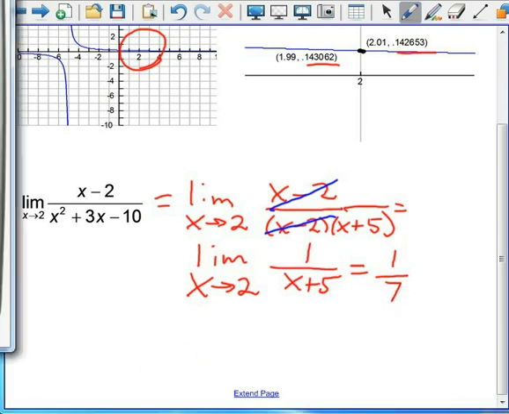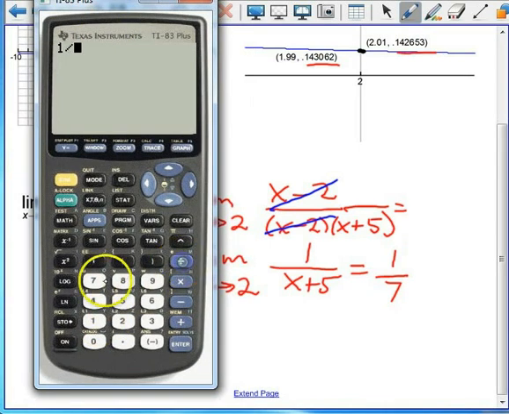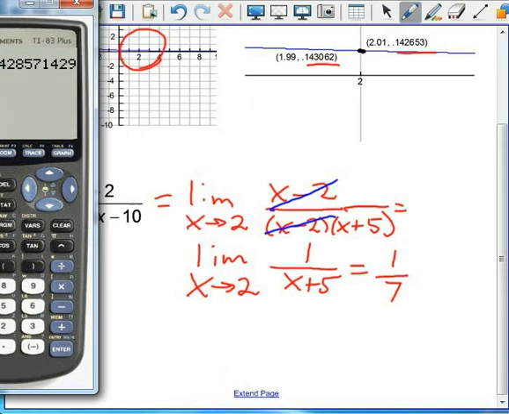Okay, so guess what happens when we divide 1 by 7? Hey, we get a number that's between the 0.143 and the 0.1426. So that is our actual limit.